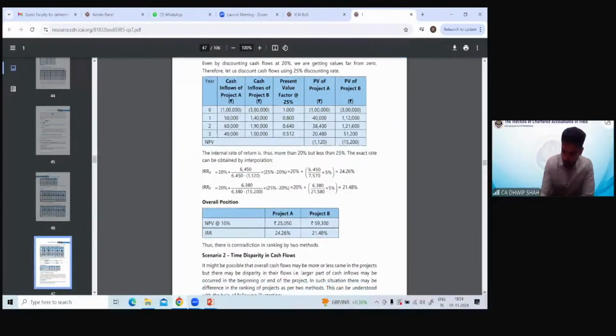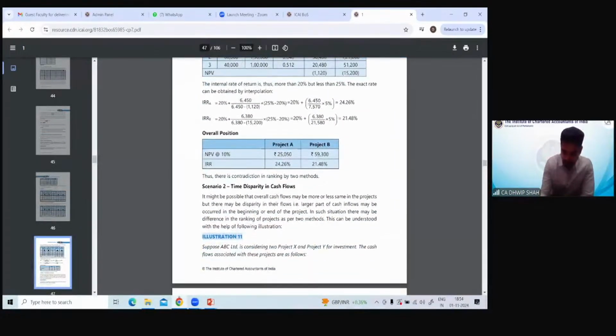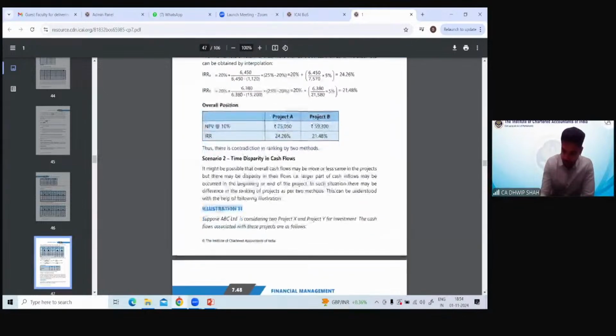And what do you mean by time disparity? The timing difference. One project generates major cash inflows in the initial years, the beginning years, whereas another project is generating larger cash inflows at a later stage of the project.